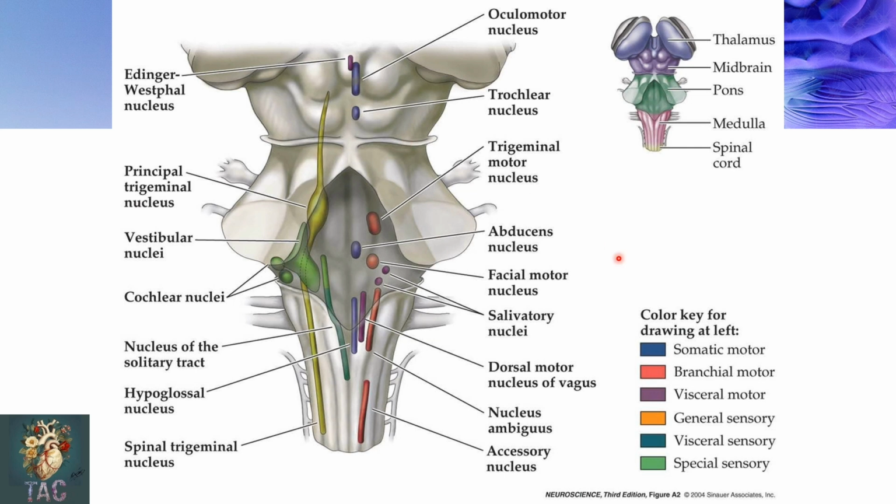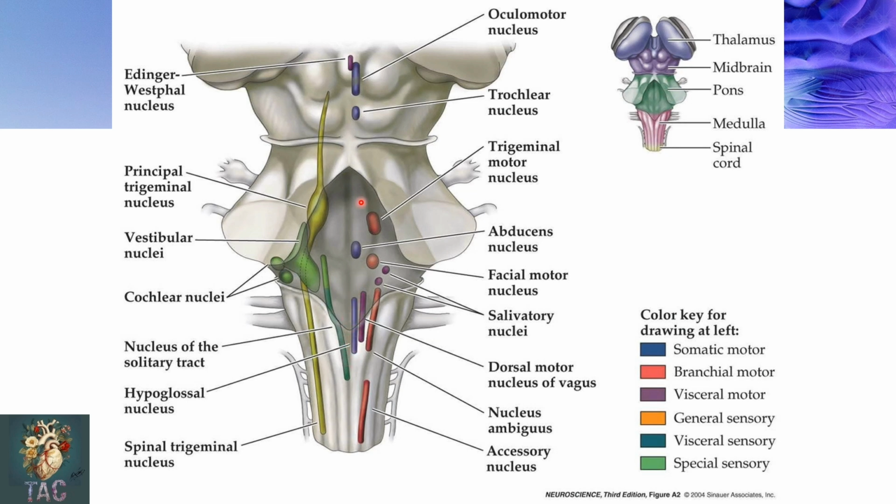So first, this color shows the general somatic motor or general somatic efferent fibers. These general somatic efferent fibers in the region of the mesencephalon are shown by the oculomotor nerve and the trochlear nerve, and in the region of the pons they are shown by the abducent nerve nuclei, and in the area of the medulla oblongata they are shown by the hypoglossal nucleus.